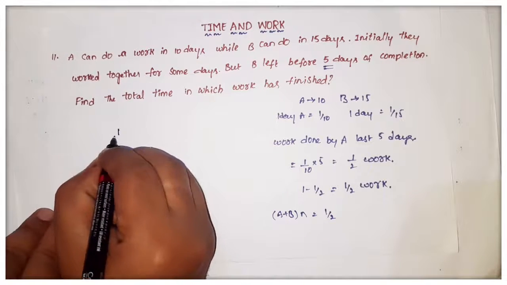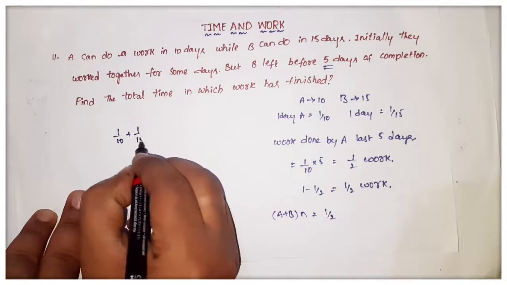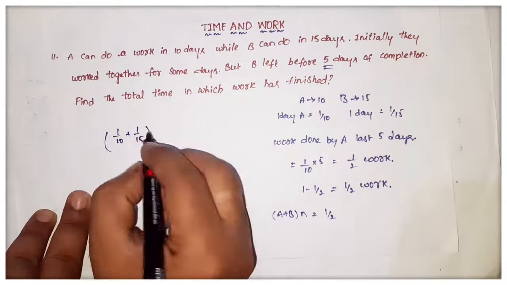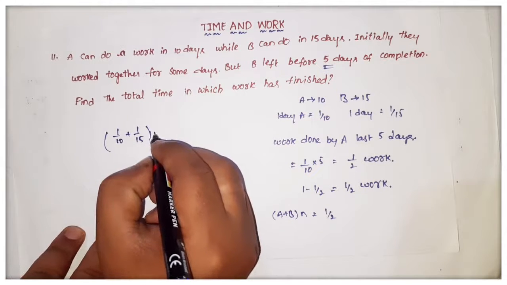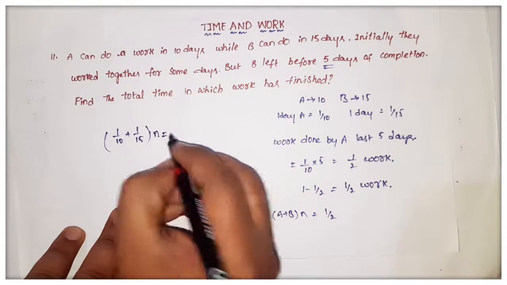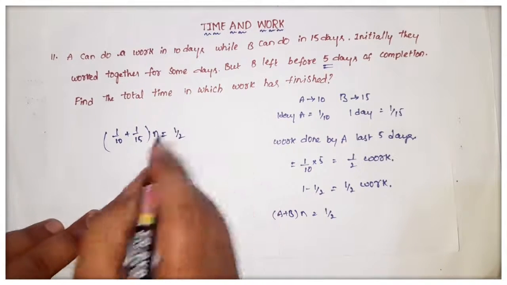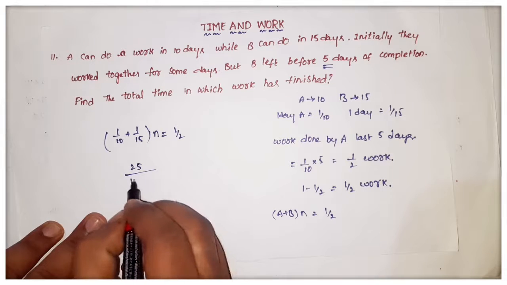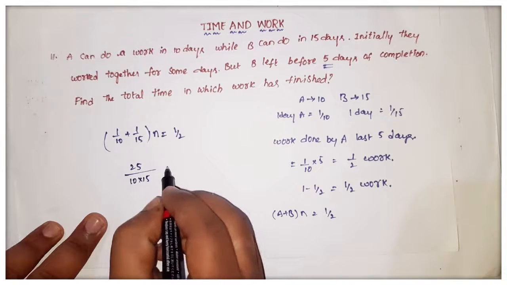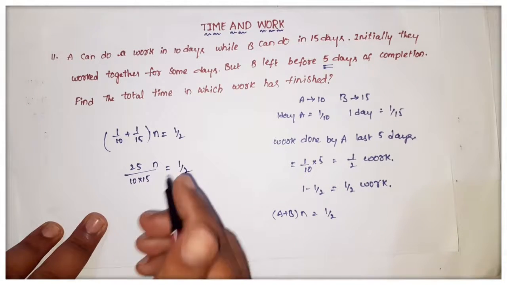What is the work done by A and B in 1 day? 1 by 10 plus 1 by 15. This is the work done by A plus B together in 1 day. Let us consider they have worked for n days to finish half of the work. So if we simplify that, 25 by 10 into 15 into n will be half.